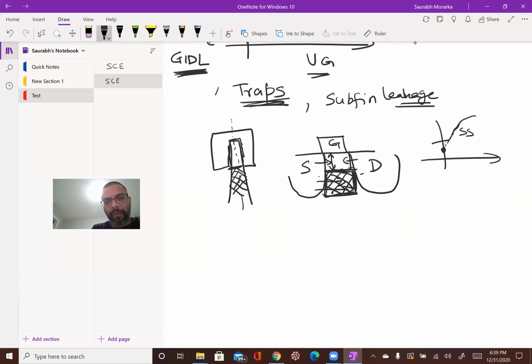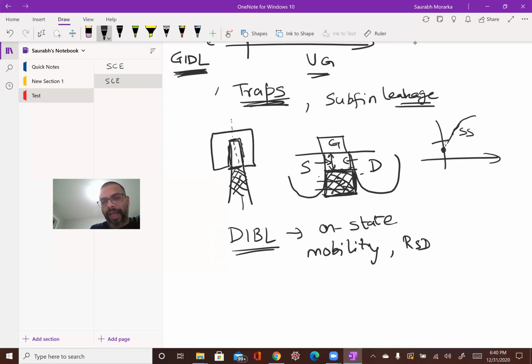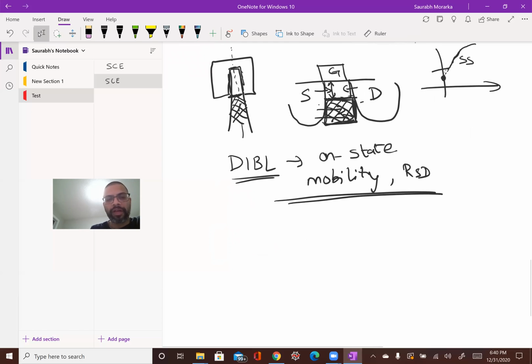Right? Now, what are the things that impact the DIBL more versus the subthreshold slope? Those things are related to the on state of the transistor, right? Which includes things like mobility of the transistor in the on state, source drain resistance. So anything that impacts the on state tends to impact DIBL more.